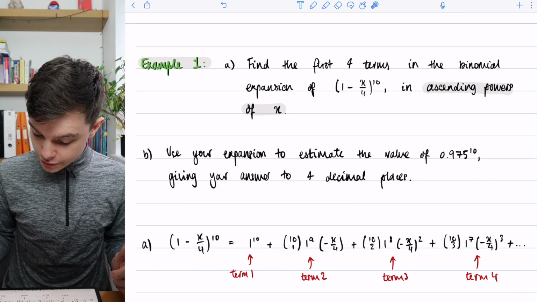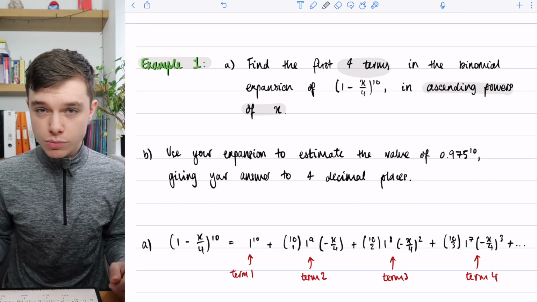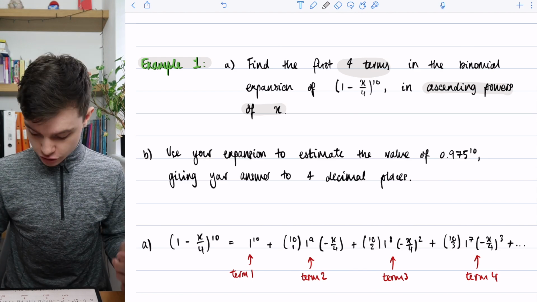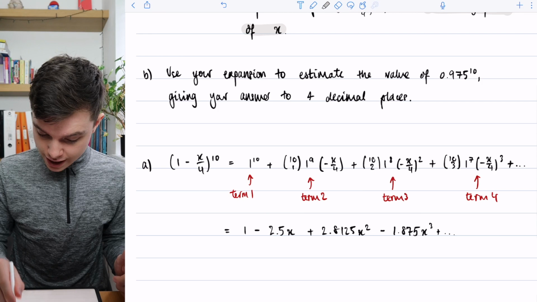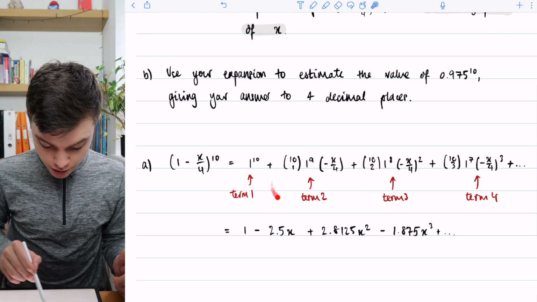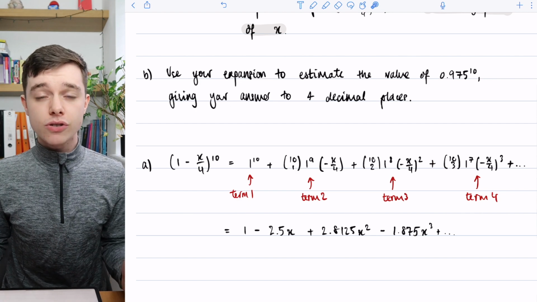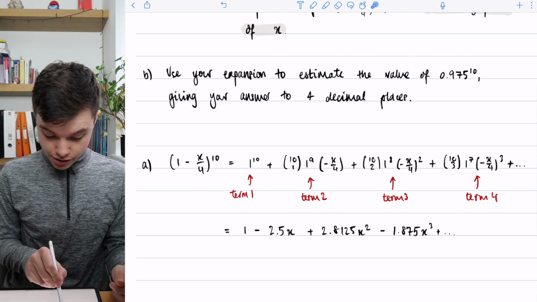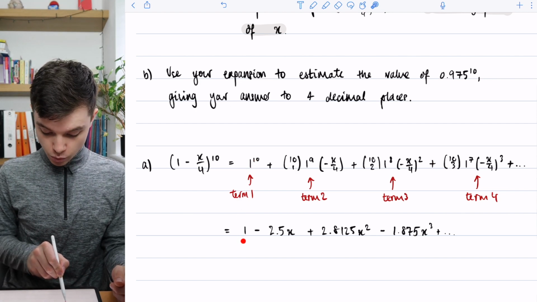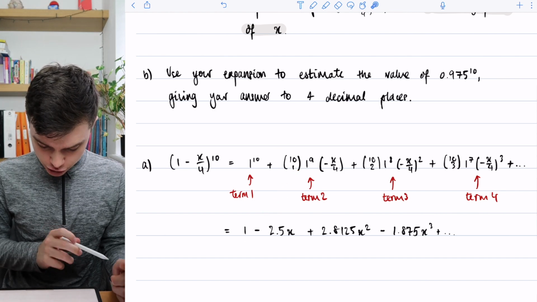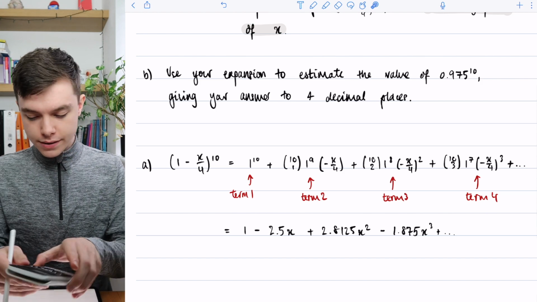Now, it just wanted the first 4 terms, so don't do any more terms than that. Just do the first 4 terms, because that's all it needs. I've nicely labelled here: this is term 1, term 2, term 3, and term 4. Then all you need to do is simplify your coefficients. So 1 to the 10, of course, is just 1. 10 choose 1, I'm not actually sure what it is off the top of my head.